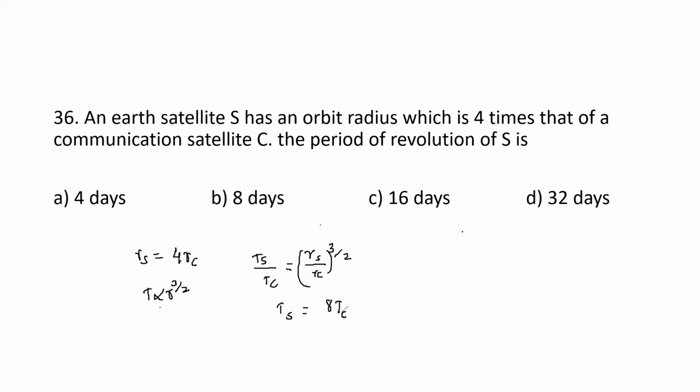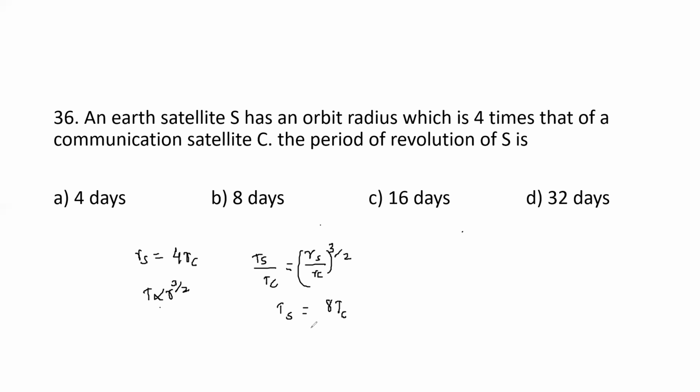Why? Because here they have given it is 4 times the ratio. So it becomes 4 to the power of 3 by 2, which is nothing but root of 64. So root of 64 is how much? It is 8. Therefore, it becomes 8 TC.